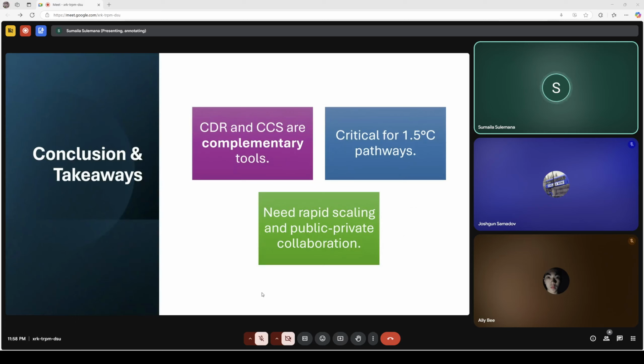So in conclusion, CDRs and CCS are complementary tools, like I did mention, critical for the 1.5 degrees Celsius pathway. However, I'll make a caveat here because I just said that last year we recorded 1.55 degrees Celsius. So we've sort of passed that stage now.